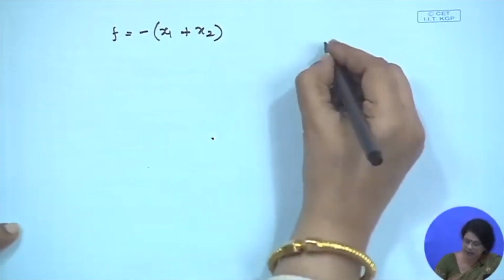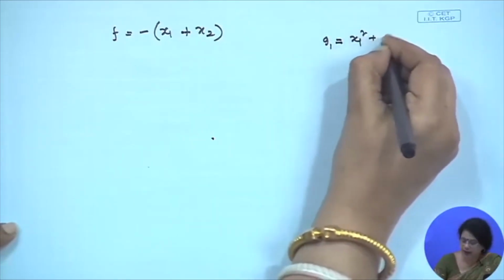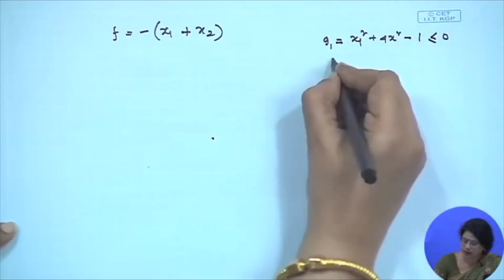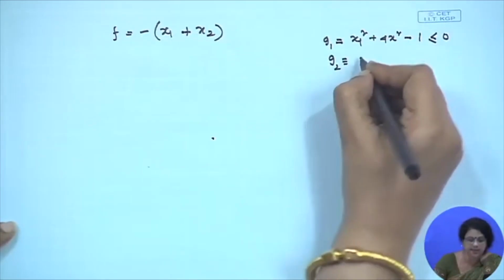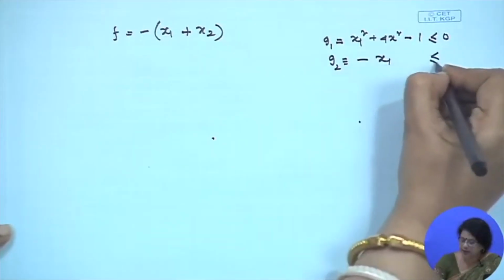One constraint is g1 equals x1 square plus 4 x2 square minus 1 less than or equal to 0. g2 has been given as minus x1 less than or equal to 0, rather x1 is greater than 0.